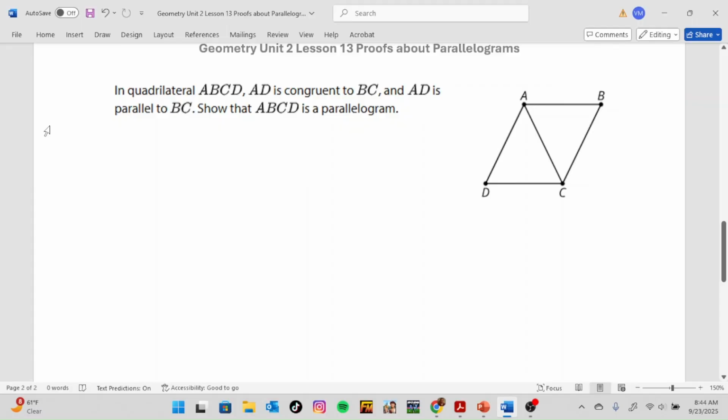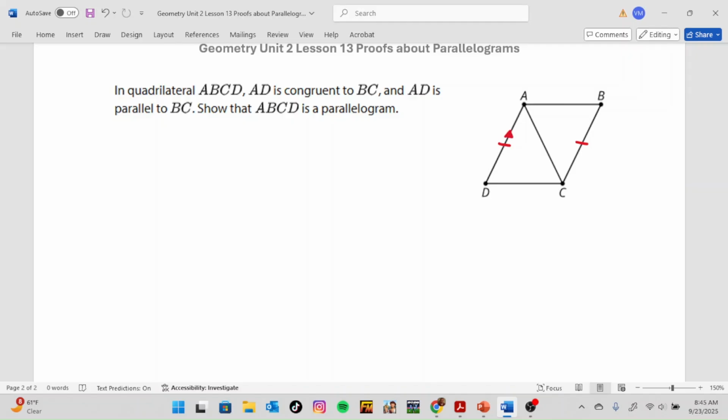Practice problem number 2 says in quadrilateral ABCD, AD is congruent to BC. So I'm going to mark that information with a single tick mark. And AD is parallel to BC.